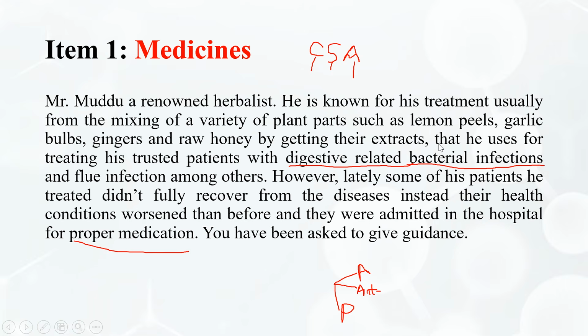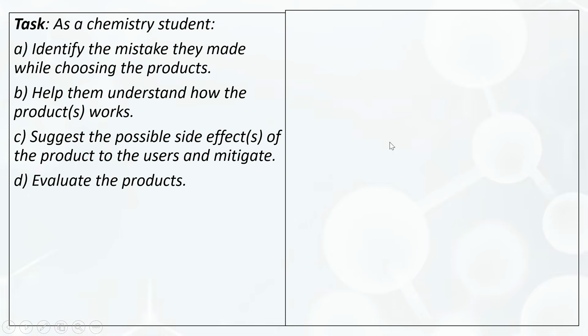And what was he using? Look at this. He was mixing a variety of plant parts such as lemon peels, garlic bulbs, gingers, and raw honey by getting their extracts. Are you seeing that all these are traditional medicines? Traditional from plants. We don't see any modern medicine that he used. And now the question is, as a chemistry student, identify the mistake they made while choosing the products.